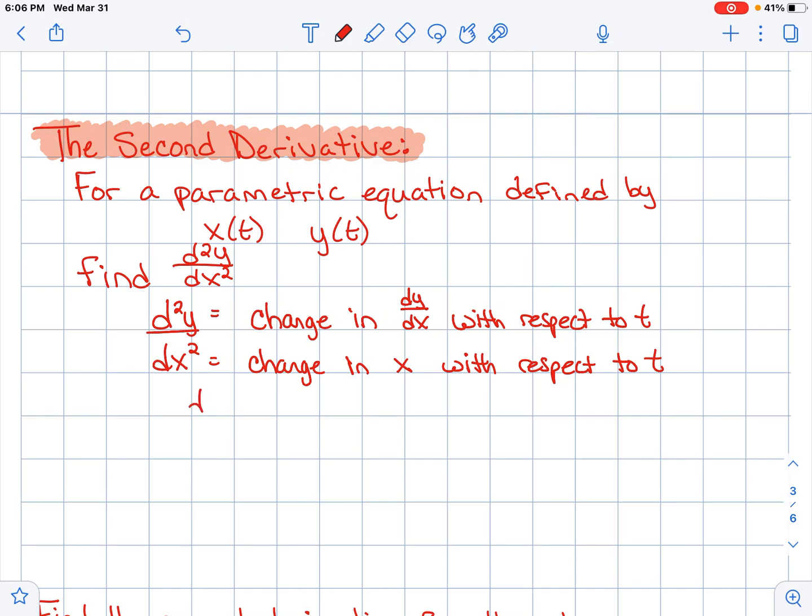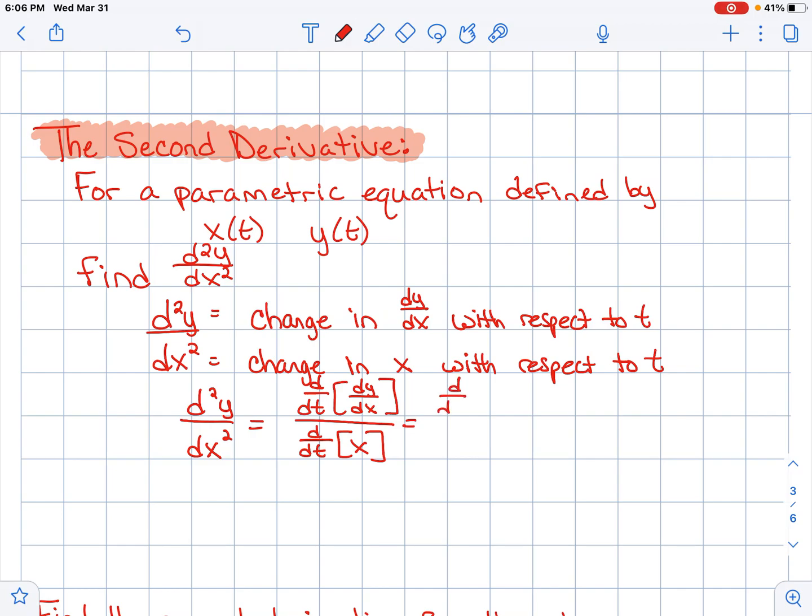So to write this in the more generic way, this is saying find this and find this. Let's be more specific. Let's clean this up a little bit. We already know what dy over dx is.